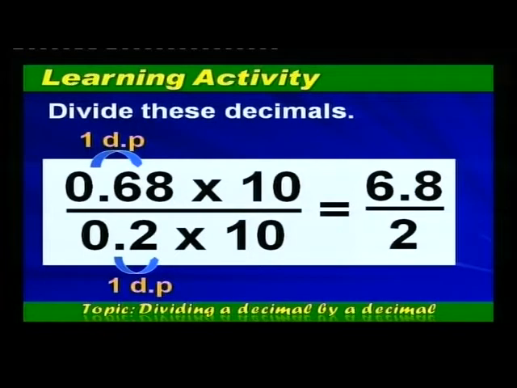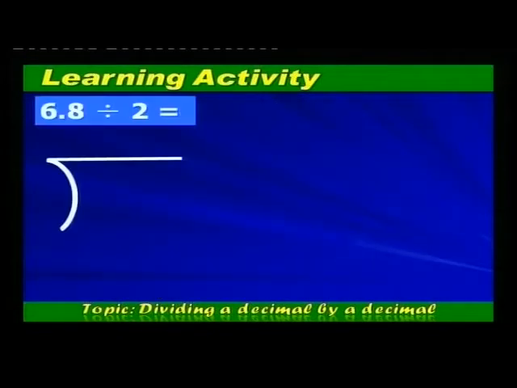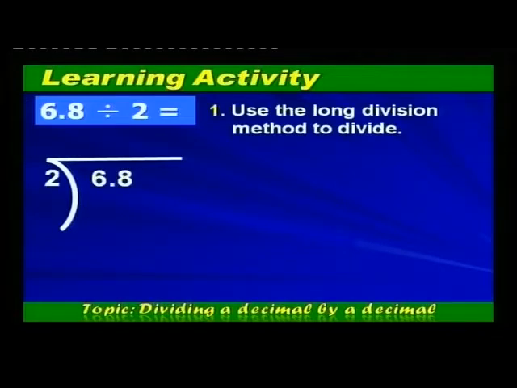Once you get your answer, you are now able to do your long division. We touched a bit on long division in our previous lesson, so you should be familiar. So use the long division method to divide. You place your divisor outside the division bar, and you place your dividend inside the division bar.